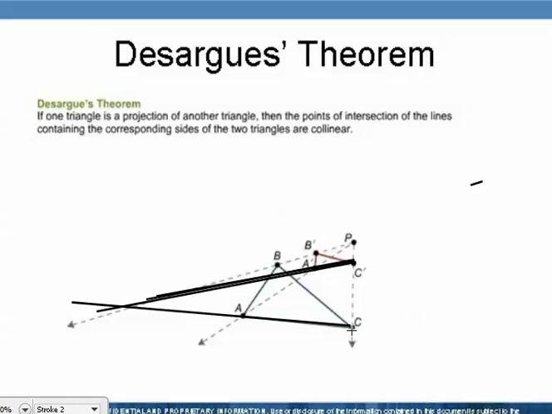Now, if I do that for all three pairs of sides here, I want you to see what's happening. I'm getting 3 points, aren't I?